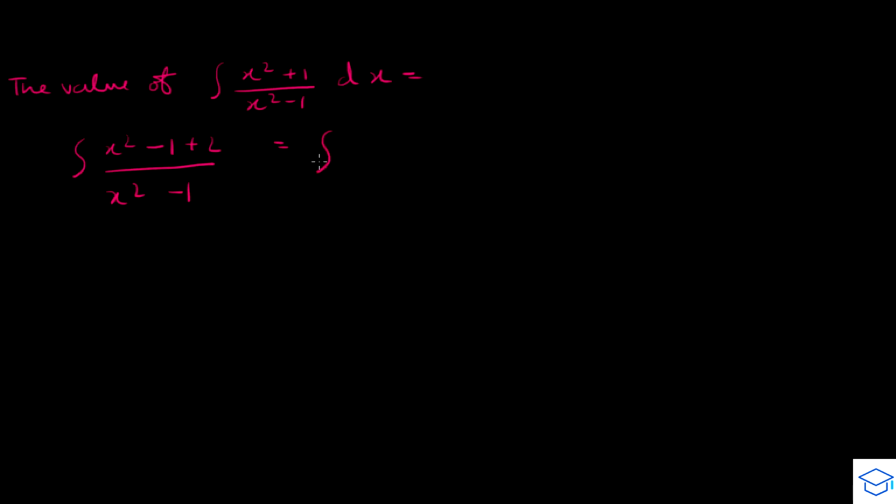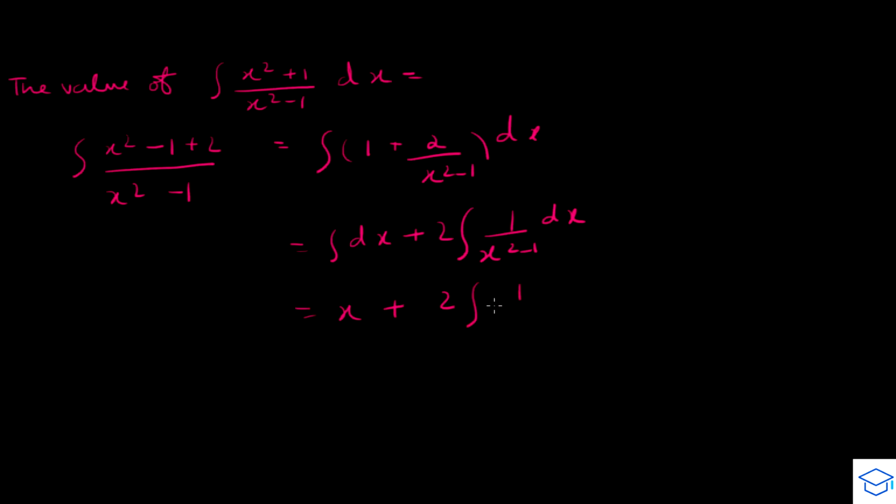So this can be simplified further as integral of 1 plus 2 by (x square minus 1) dx. So now let me split this, integral of dx plus 2 times integral of 1 by (x square minus 1) dx, which will give me x plus 2 times integral of 1 by (x square minus 1) dx.